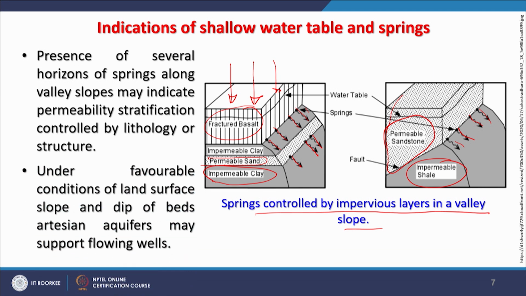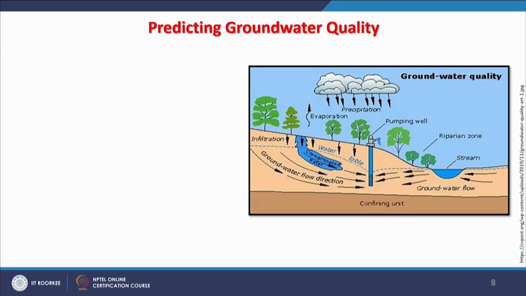So, under favorable conditions of land surface slope and the dip of beds, artesian aquifers may support flowing wells. Getting artesian conditions is not easy, but there are places; I myself have seen very clear artesian wells in Sonbhadra district.